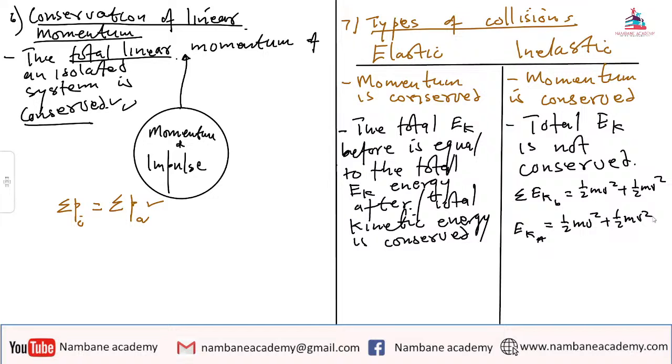The first thing is we want to see you performing a calculation for the total kinetic energy before and the total kinetic energy after, and immediately thereafter you can compare the two. But what do we expect? Total kinetic energy is not conserved, so the sum of EK before is not equal to the total after.